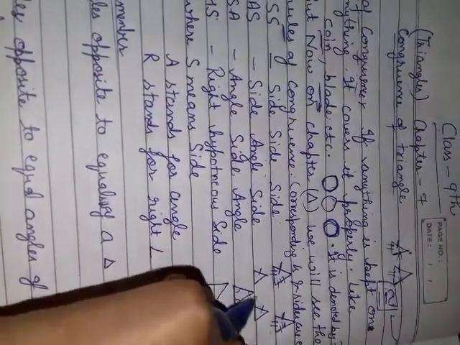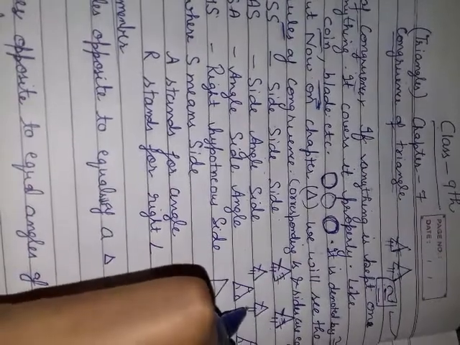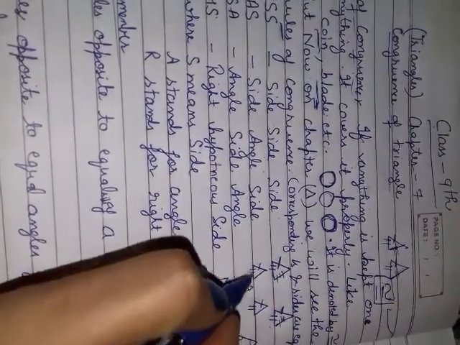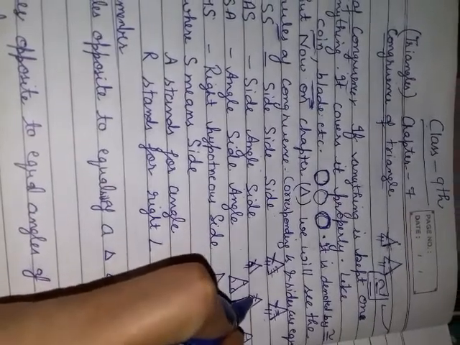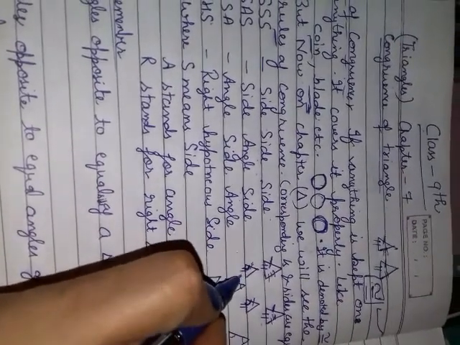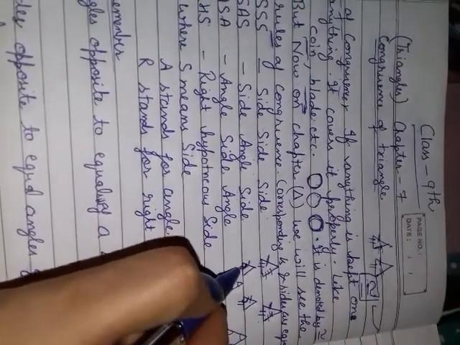If in two triangles two sides are equal, this side is equal to this and this side is equal to this, then the angle contained in these two sides is this one and here is this one. SAS means the contained angle in these sides. This rule is known as SAS.